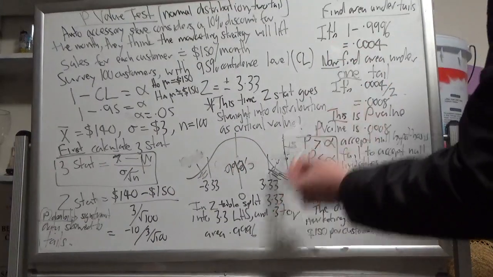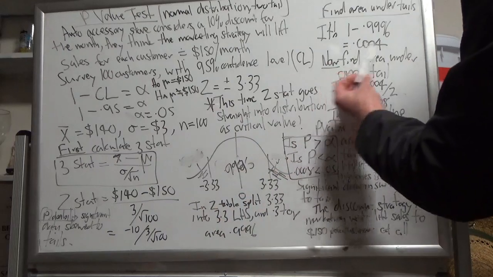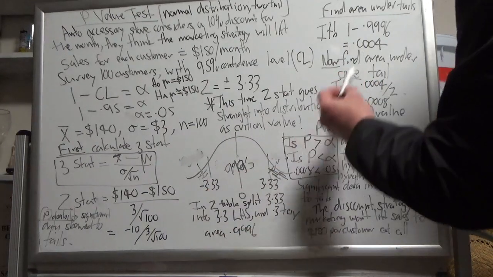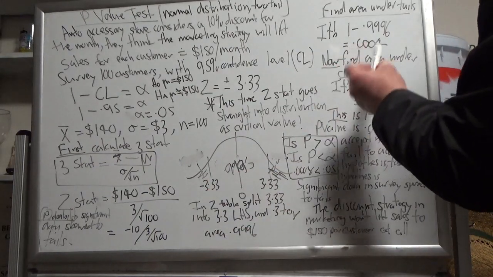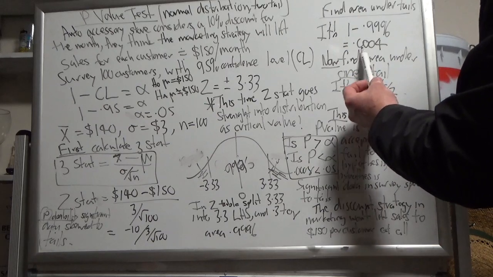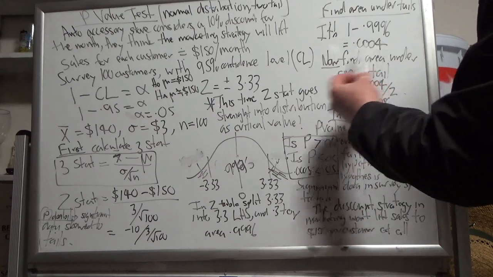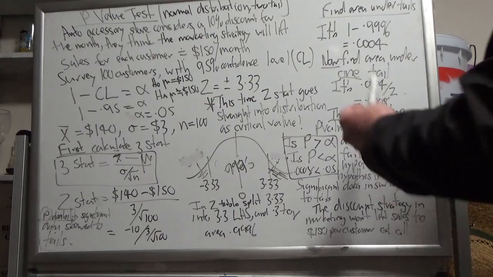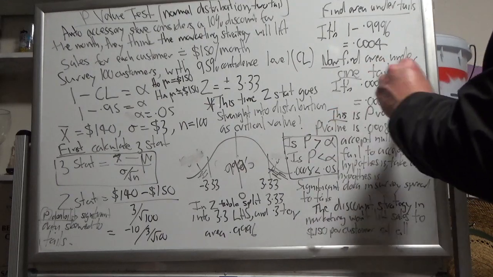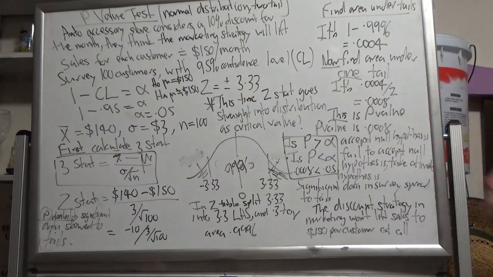First of all, you want to get the area of the tails. But because it's a two-tailed test, you've got to divide it by 2. If it's just a one-tailed test, just leave that as is, and that's your p-value. But because it's a two-tailed test, we have to split it into 2 to get our p-value, okay?